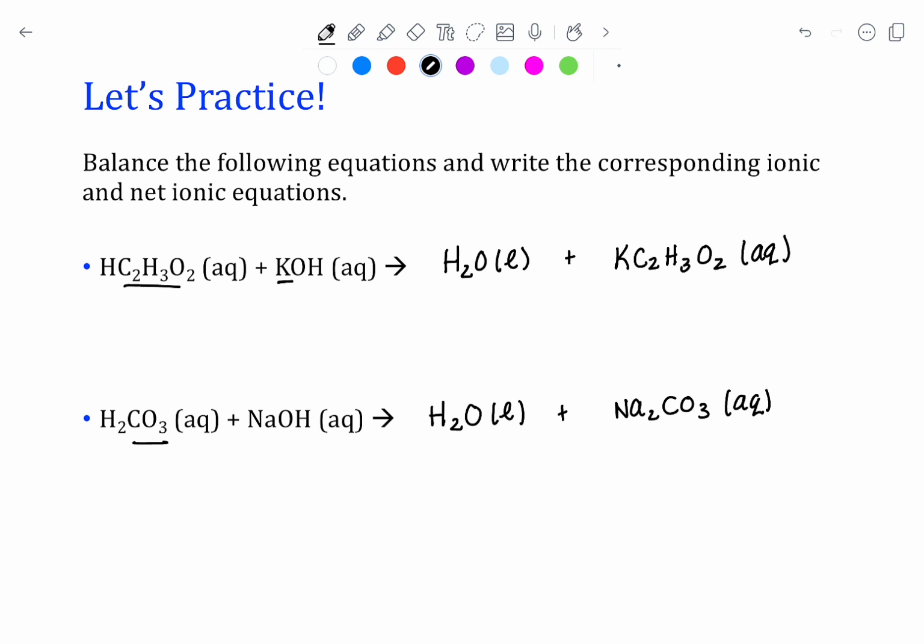Since these are both acid-base neutralization reactions, we already know the net ionic equation. Since we get water out in both of these, we know it's going to be H+ plus OH- becomes H2O. Same goes for down here.